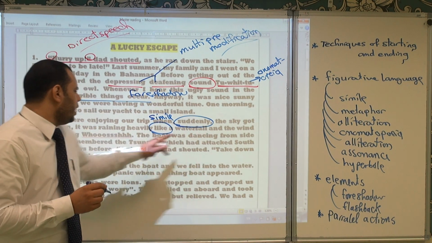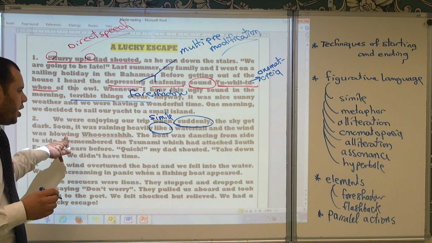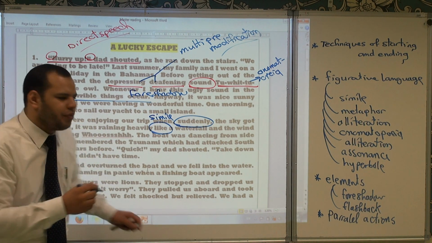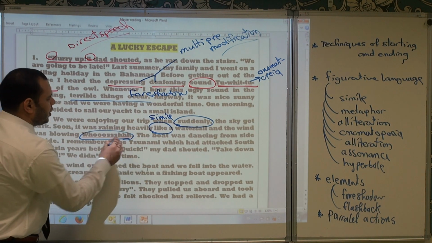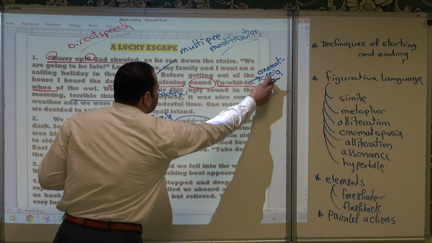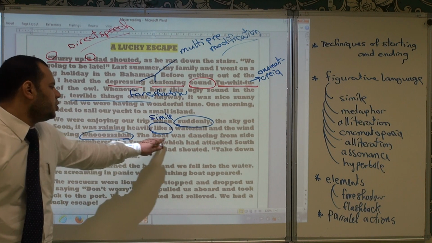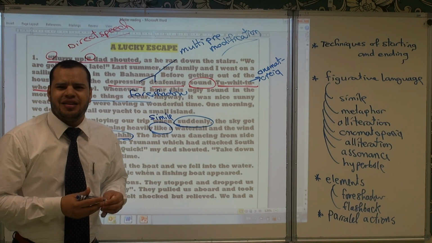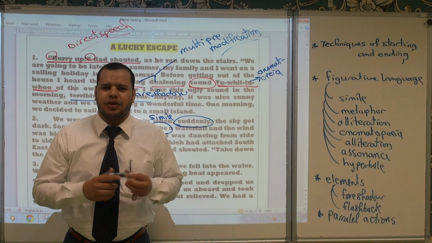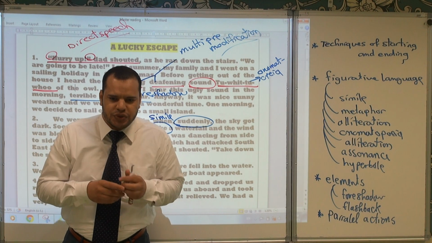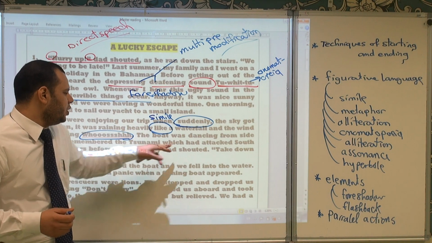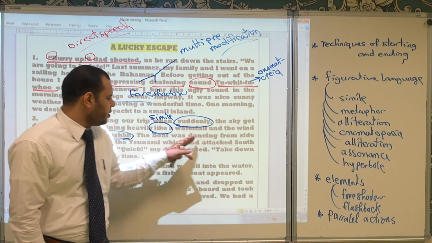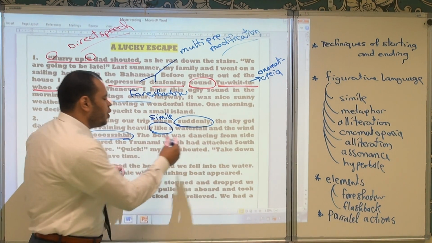A waterfall and the wind was blowing. Whoosh! This is the sound of the wind. So another sound. What do we call sounds? Yes, onomatopoeia. The boat was dancing from side to side. Dancing? Dance is one of the verbs which people do, persons do. So when we use verbs of humans with things, we call it what?